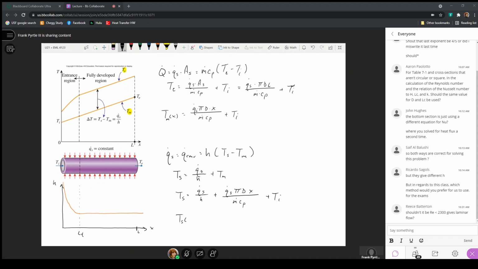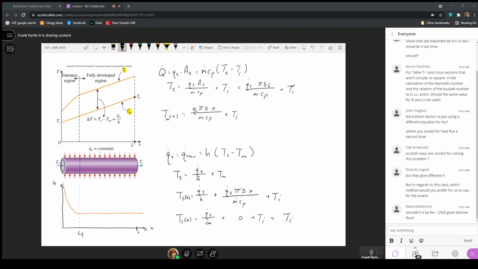But now that I substituted in the definition for Tm, Ts is a function of x. So I'm just going to add here that it's a function of x. If I evaluate this expression at x equals 0, this becomes the heat flux divided by an infinite value plus a 0 plus Ti. Well, any constant divided by infinity approaches a 0. So this says that the surface temperature at x equals 0 will be equal to Ti.